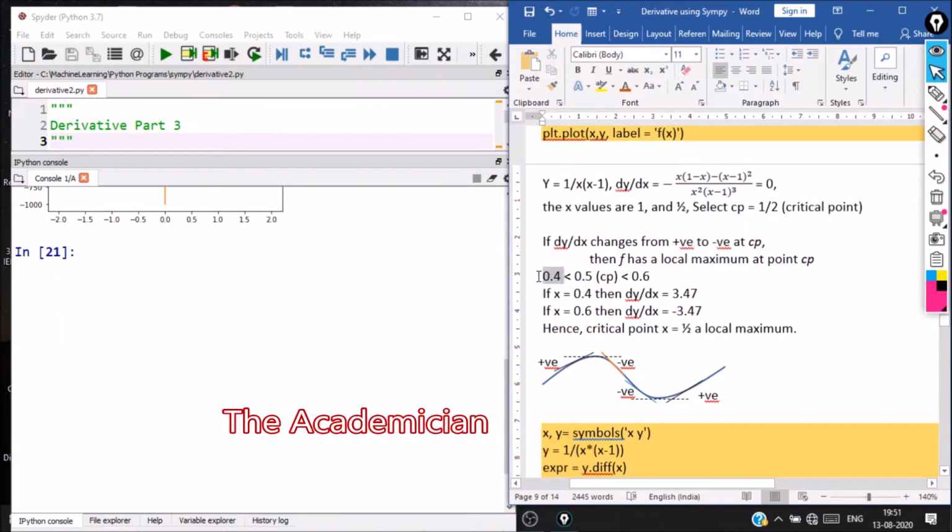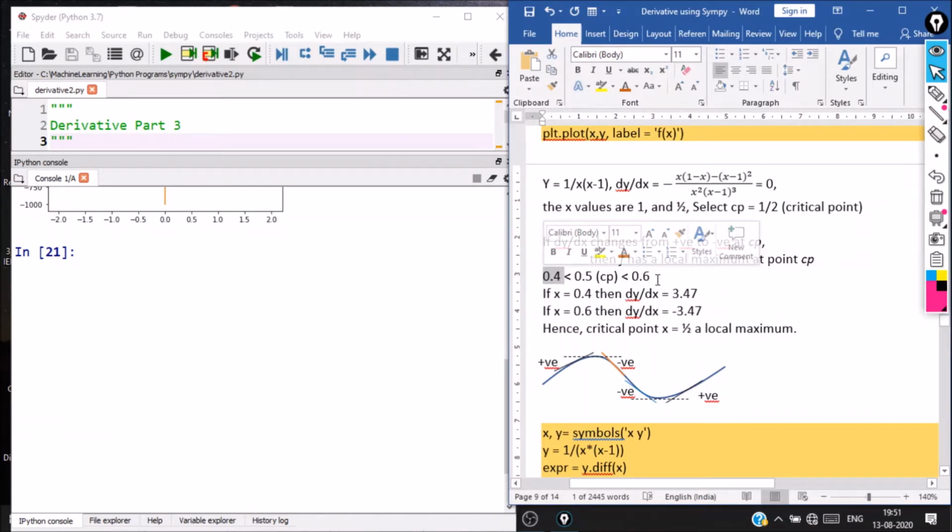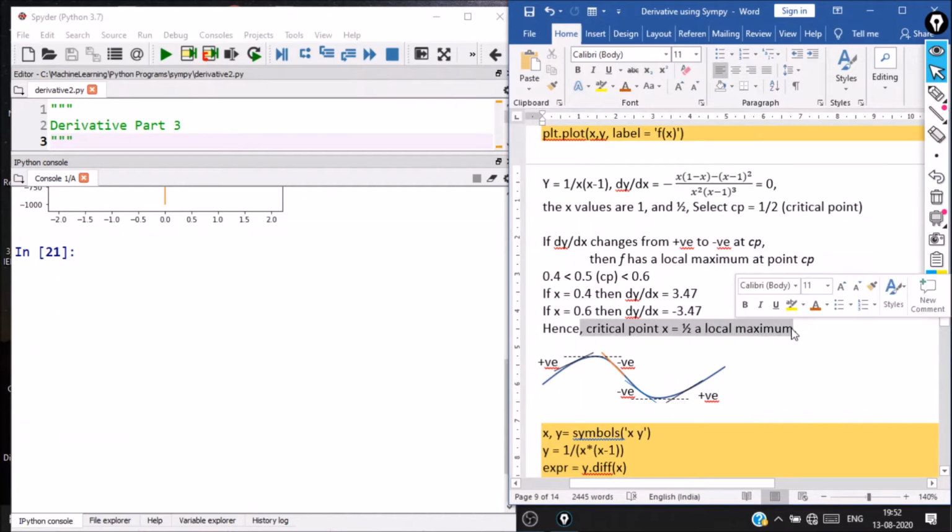So we take one left value and one right value. 0.4 is less than 0.5 and 0.6 is greater than 0.5. If x is equal to 0.4, then dy/dx is 3.47, and if x is equal to 0.6, then dy/dx is minus 3.47. So dy/dx changes from positive to negative, then f has a local maximum at point Cp. So the critical point x equal to 1 by 2 is a local maximum.